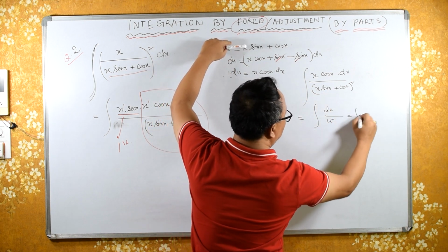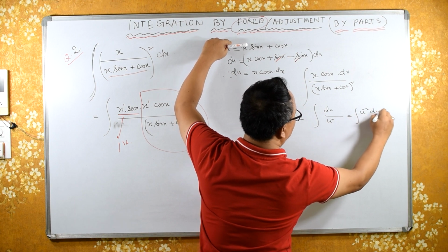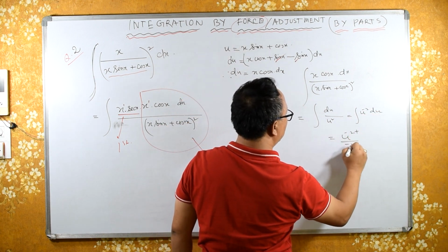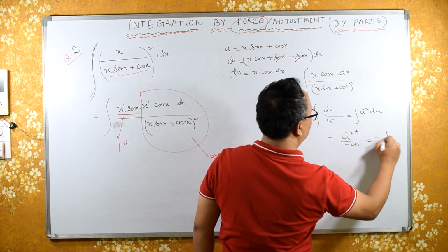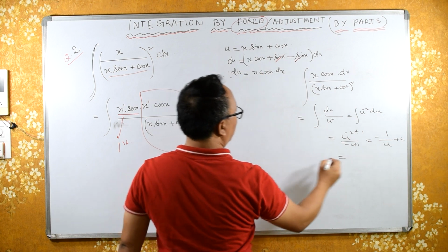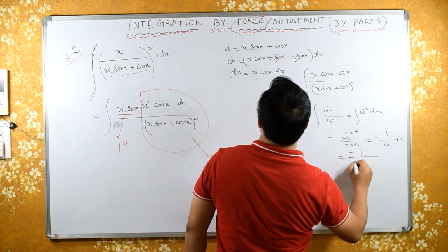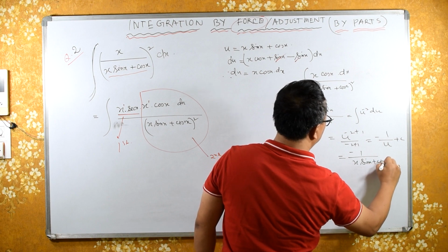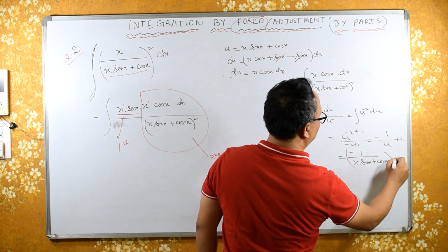This is the same as u raised to minus 2 du, which is u raised to minus 2 plus 1, minus 2 plus 1 is minus 1, by u plus c. What is u? u is x sin of x plus cos x, so it is minus 1 upon x sin x plus cos x plus c.